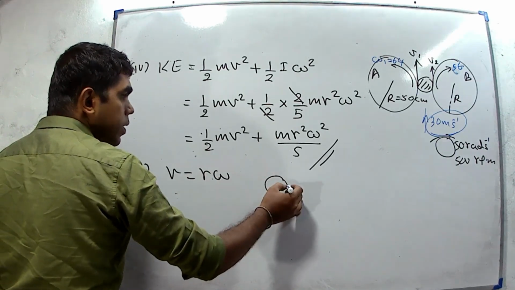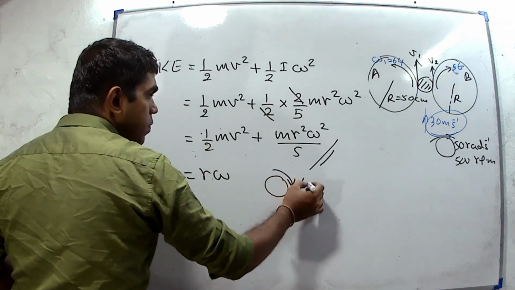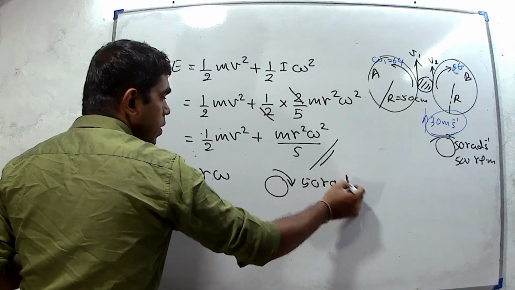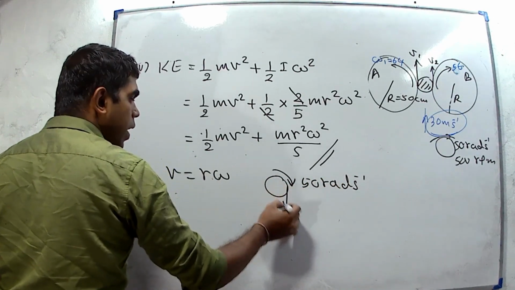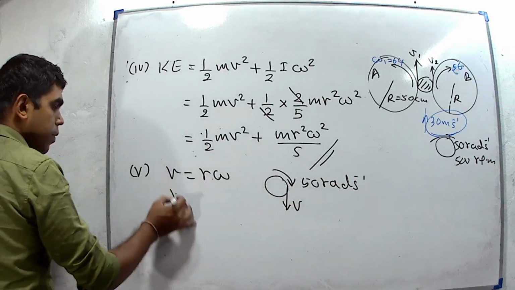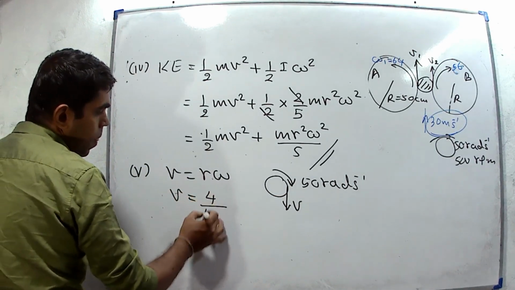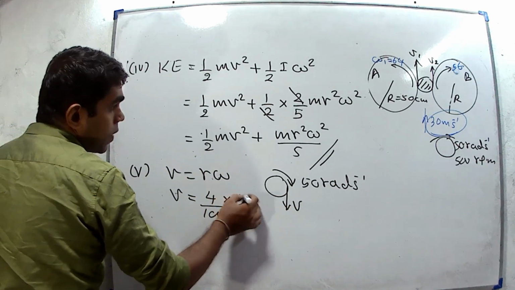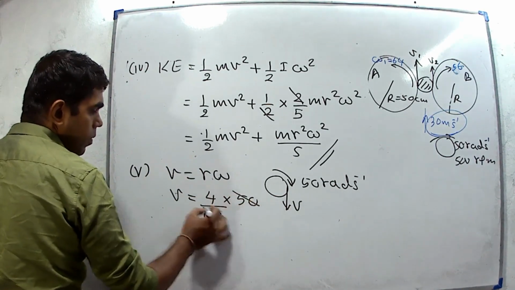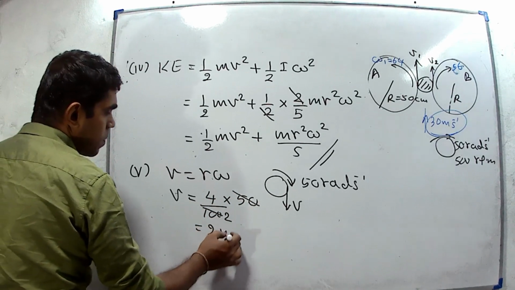We know that the omega value is 50 radians per second. We have to calculate velocity. V equals radius 4 centimeters times omega value 50, which is 2 meters per second.